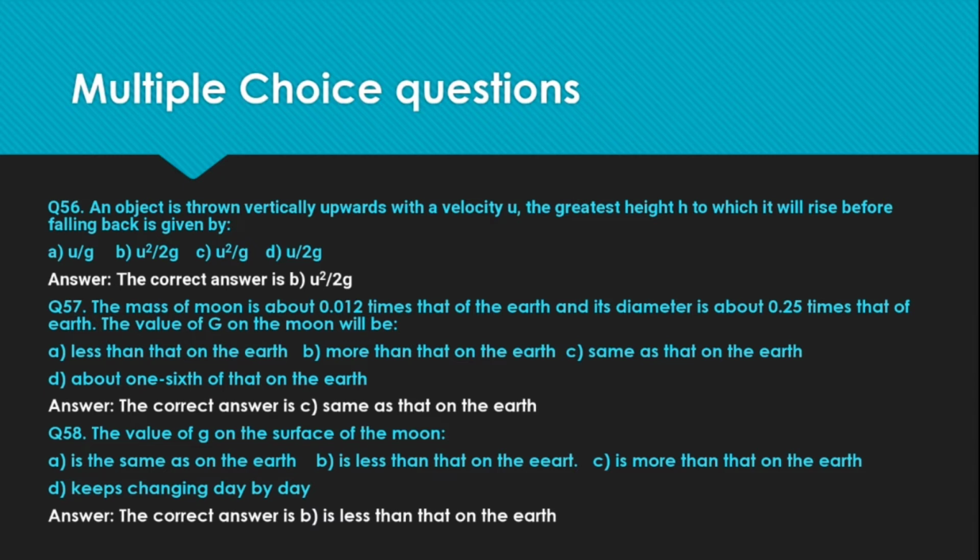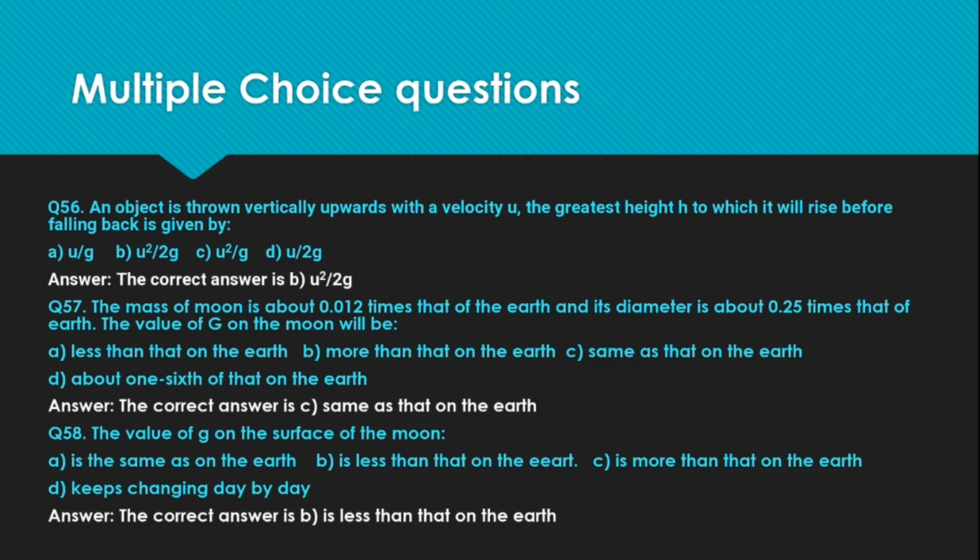Now I know many of you must be considering option D correct, but D is not the correct option. In the question they are asking the value of capital G, which is the gravitational constant and it's the same everywhere. So it will be the same as that of the Earth. But if there had been a small g, then it would not be the same, and the answer would be D, about 1/6 of that of the Earth. So you have to take note whether it's a small g or a capital G.